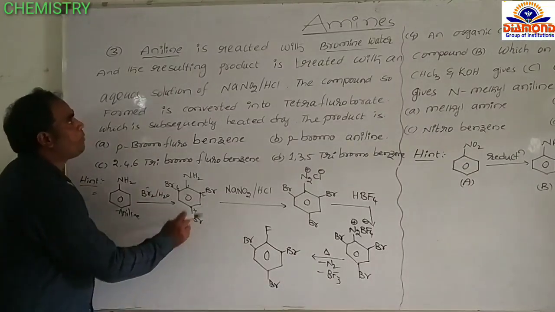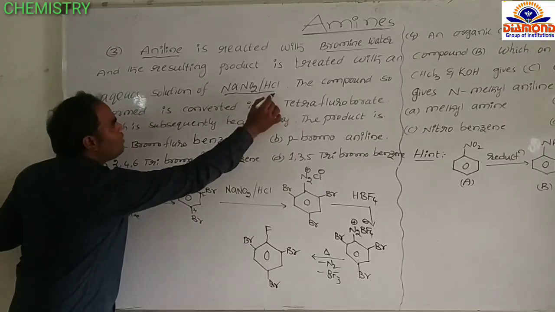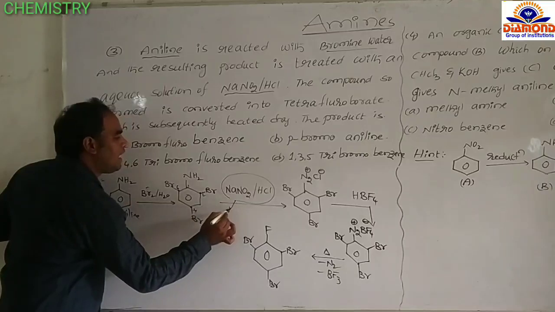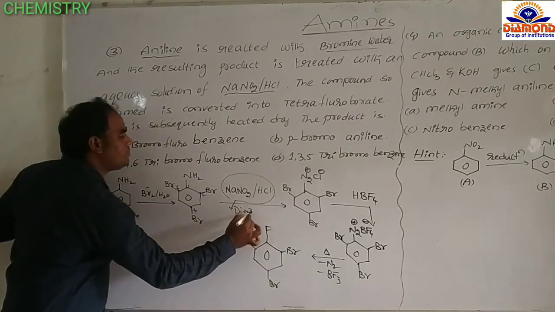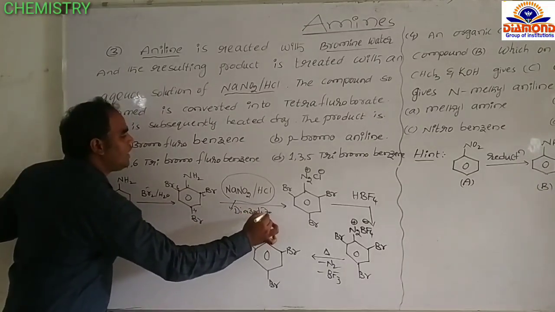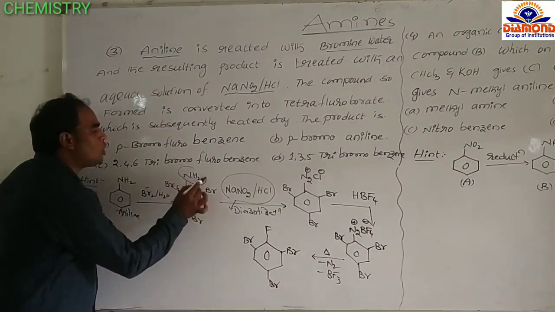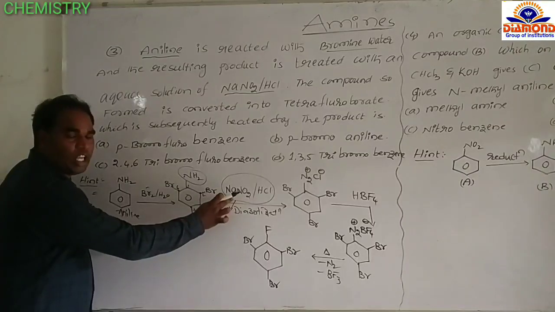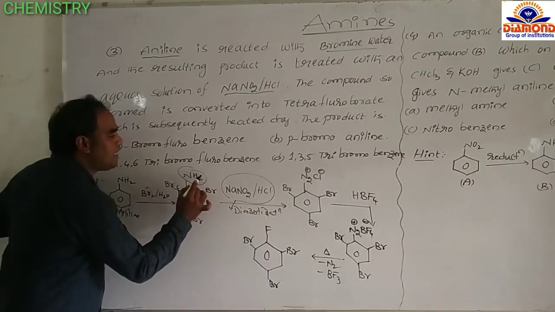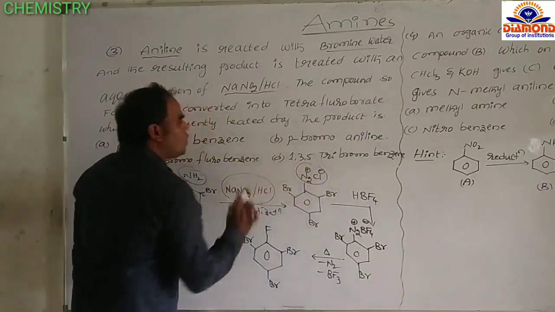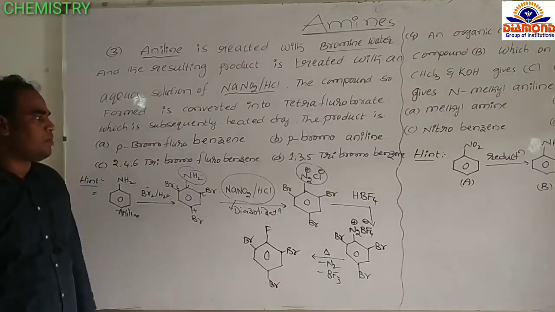And that product is reacted with NaNO2 and HCl. We already know this is a diazotization reaction. Diazotization reaction means the aniline group in the presence of NaNO2 and HCl is converted to benzene diazonium chloride, a diazonium salt.